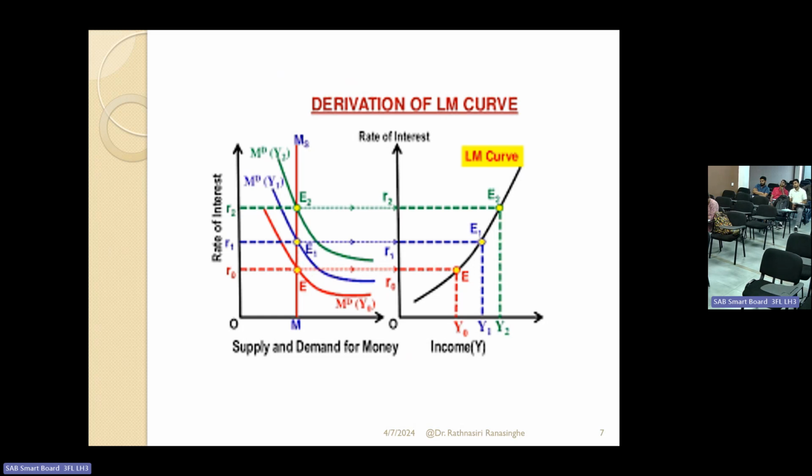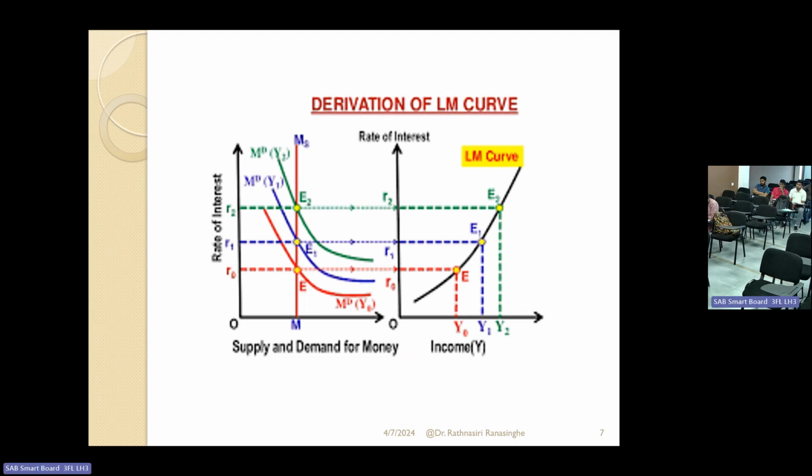So we have one point here. Now, what is the second? We assume the income level increases from Y0 to Y1.